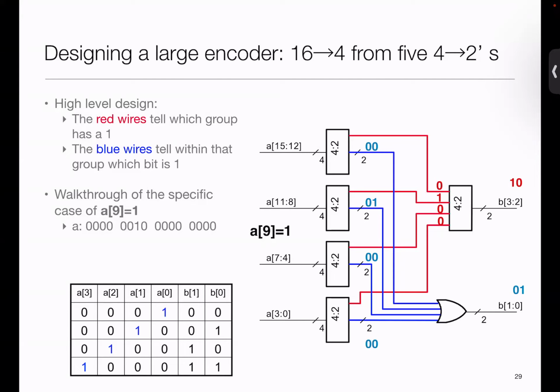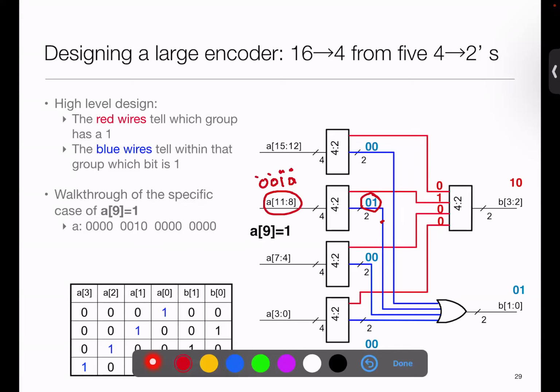A quick question. Yeah, go ahead. So the input to the blue line itself is encoded in terms of ordering? They are the binary encoding, right? The encoder goes from one hot to binary. So if A9 was 1, then this encoder was seeing 0 0 1 0, which is one hot for 1.